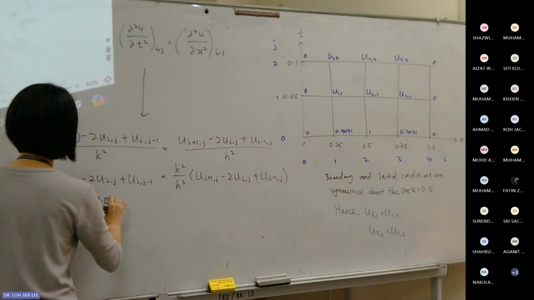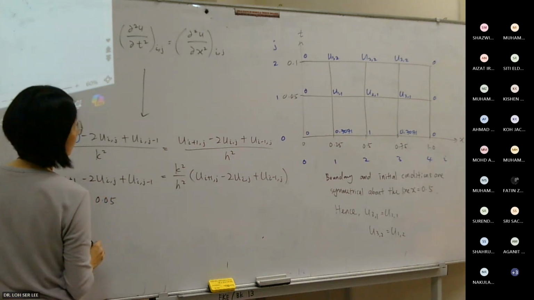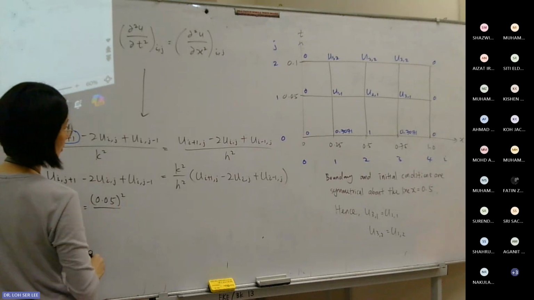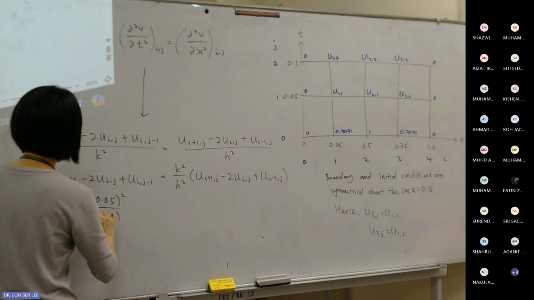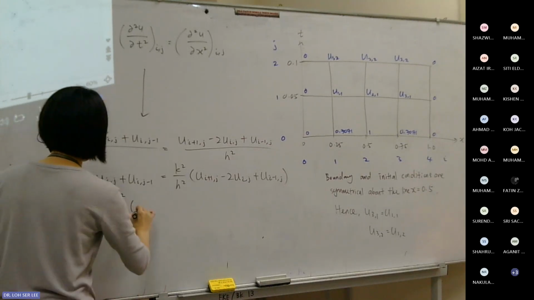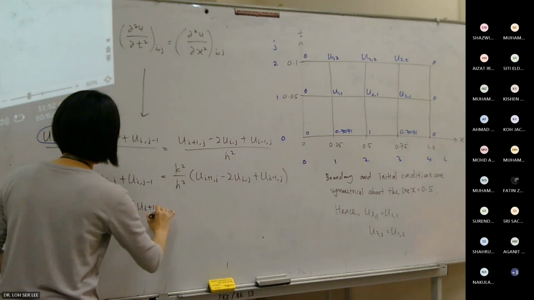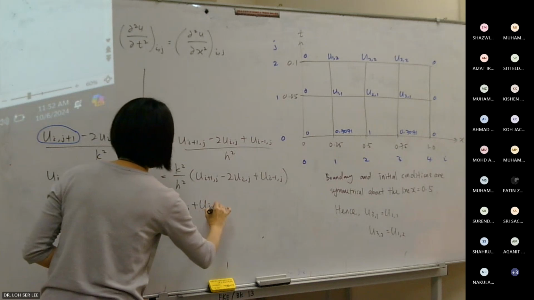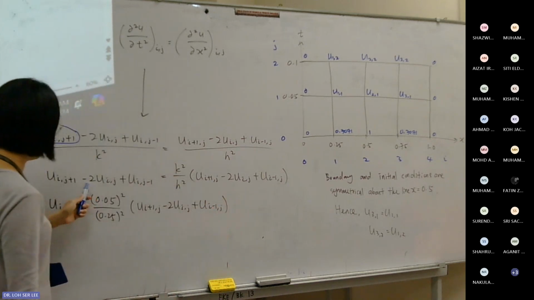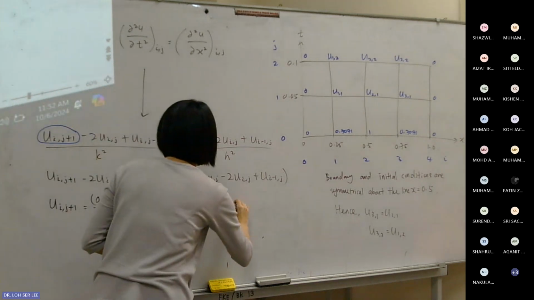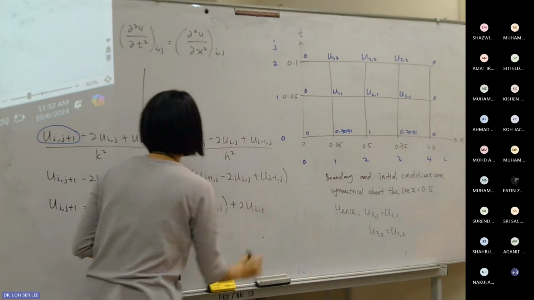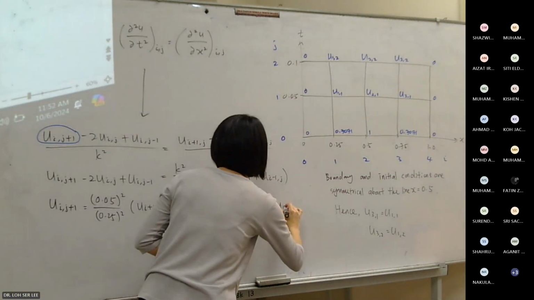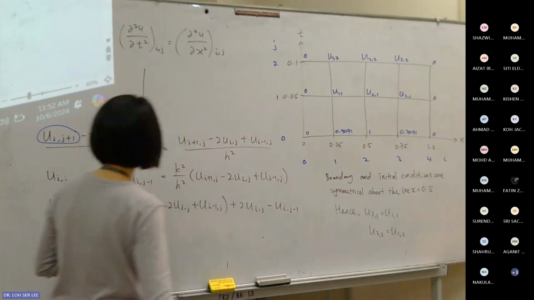Zero point zero five. Well, h is 0.25 squared. Okay, minus 2, well, you get a plus 2, you will find 3. And then minus you find j 1.